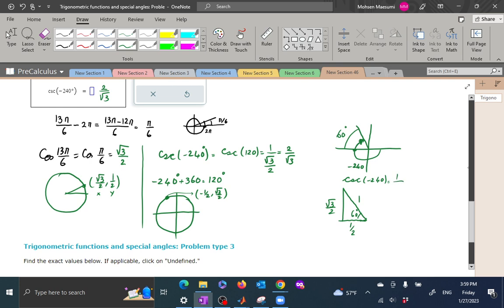The opposite is radical 3/2 and the hypotenuse is 1, so it becomes 2/radical 3, and we get the same answer.